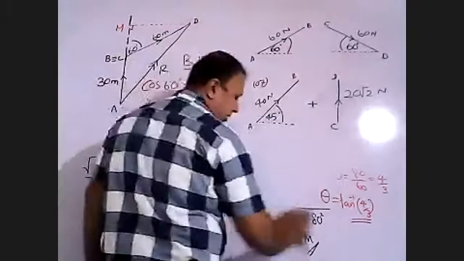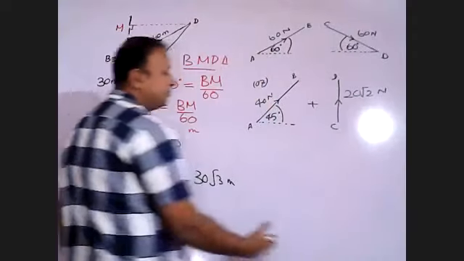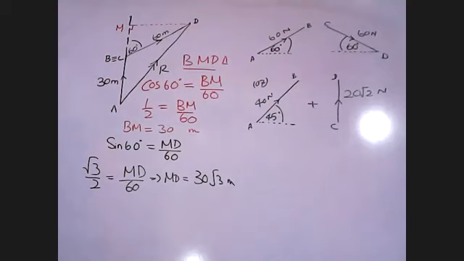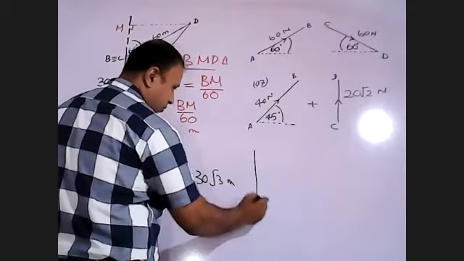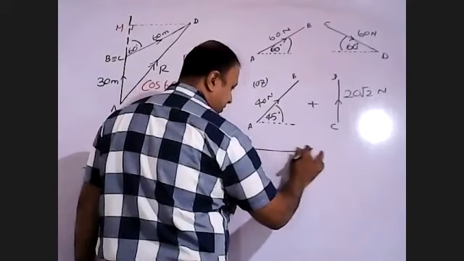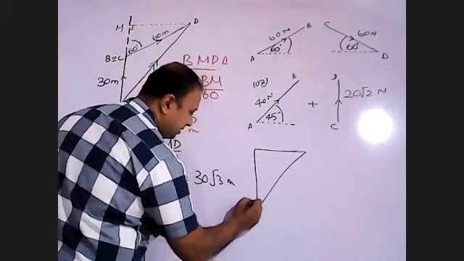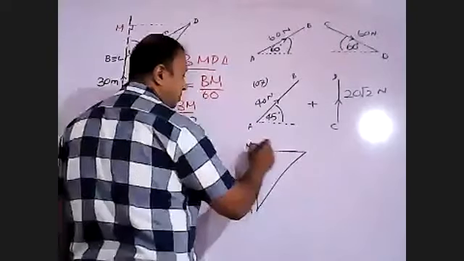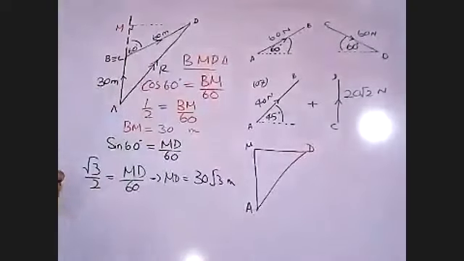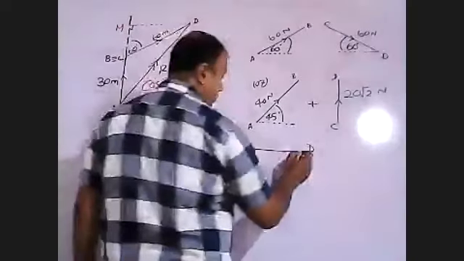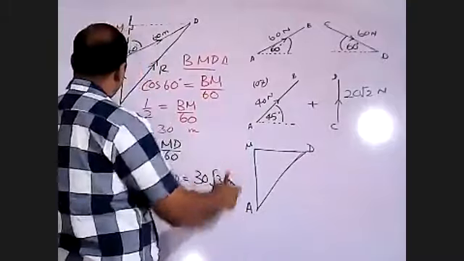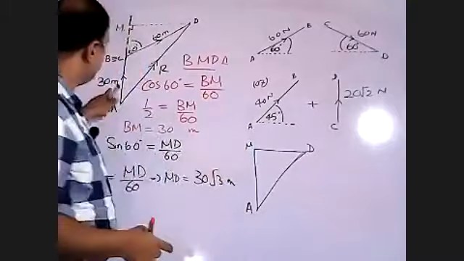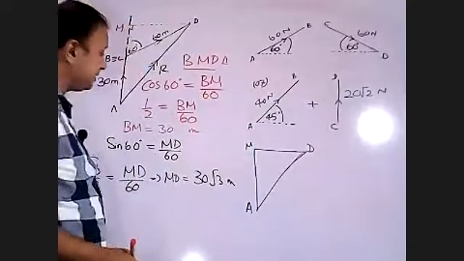Now you know the lengths of the AMD triangle. If you draw the AMD triangle, this is A, this is M, this is D. So AM is equal to 30 plus 30, which means 60.